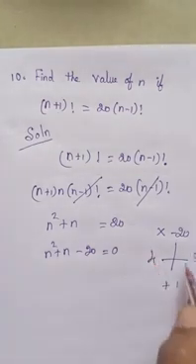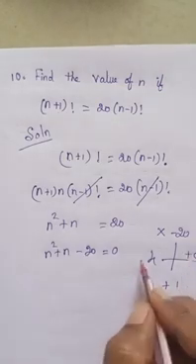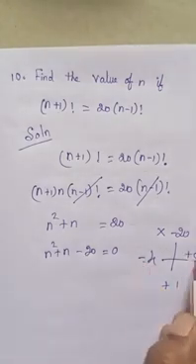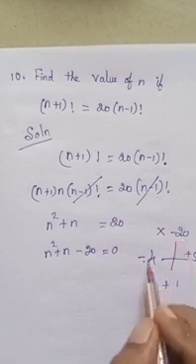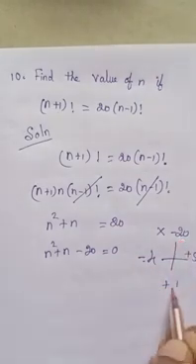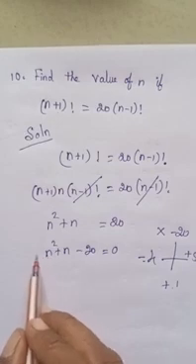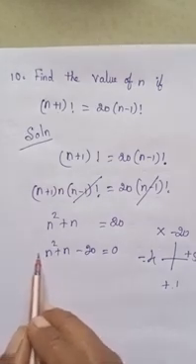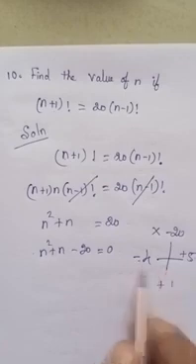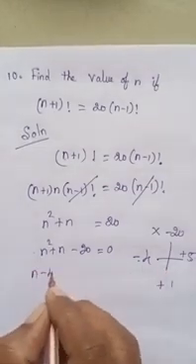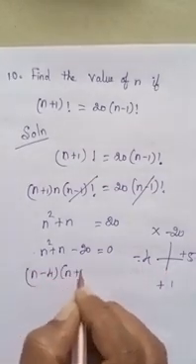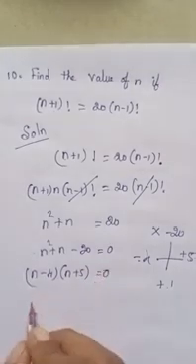Since plus 1 is the greatest number, you give plus to 5 and minus to 4. Minus 4 into 5 is minus 20, and minus 4 plus 5 is plus 1. Then we have to check whether there is a coefficient for n square. If there is no coefficient, we can write the answers directly. That is n minus 4 into n plus 5 is equal to 0.